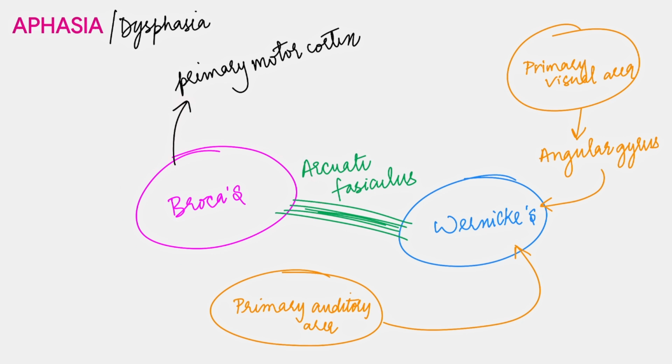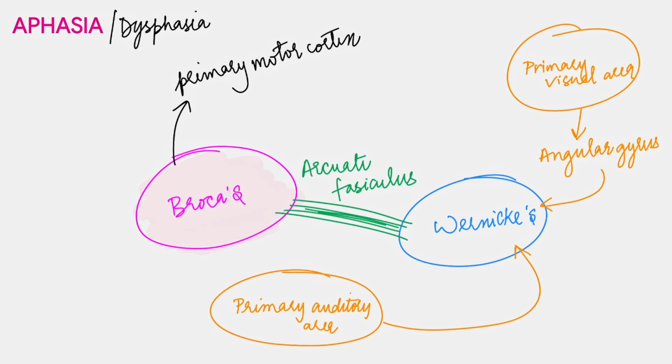Now, whenever you discuss aphasia, you discuss it under predominantly three headings. That is comprehension, fluency, and repetition. Now, I can make things really simple. For repetition of speech, you only need three things. One is Broca's area.